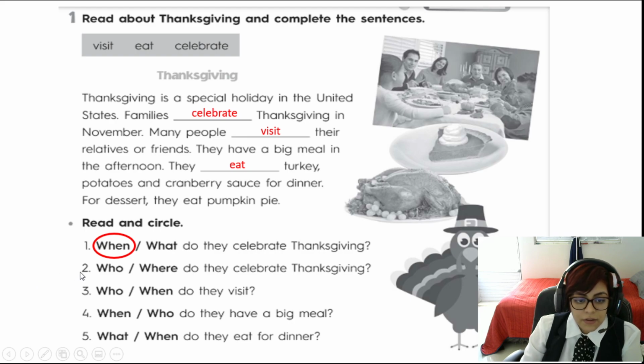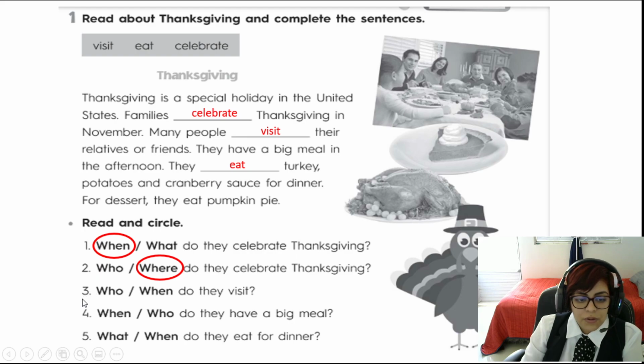Then we have the number 2. Who do they celebrate Thanksgiving? We're asking about the person. Or where do they celebrate Thanksgiving? We're asking about where, the place.